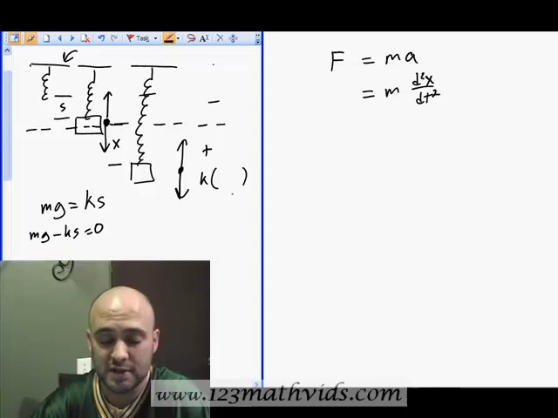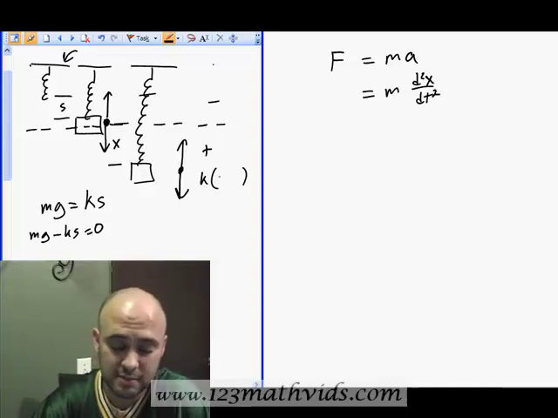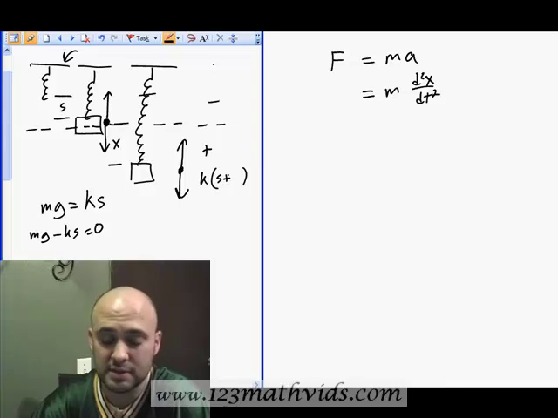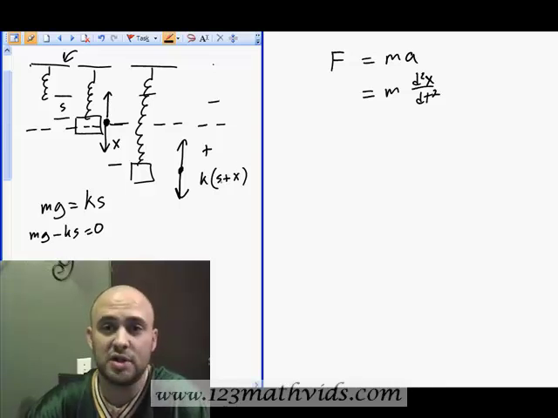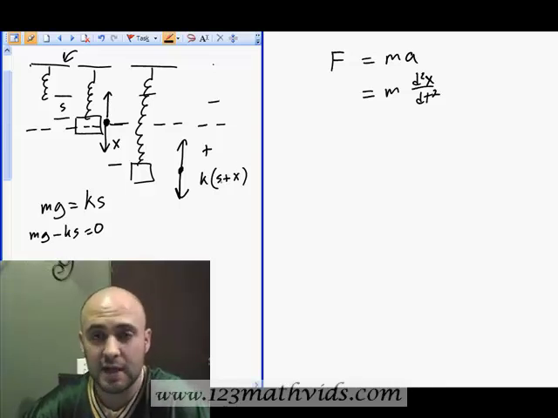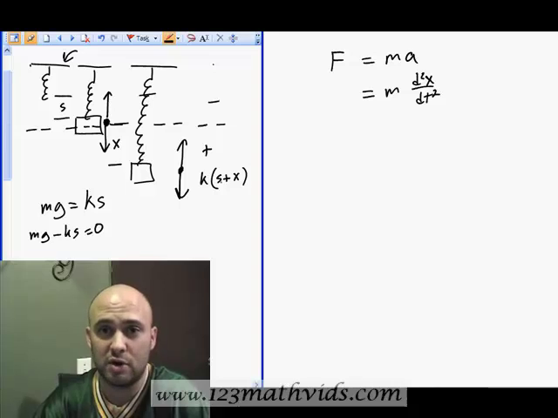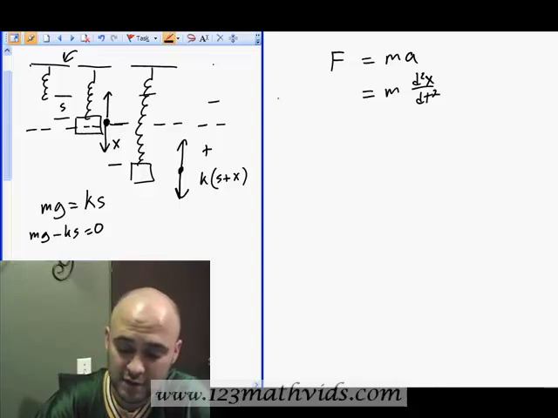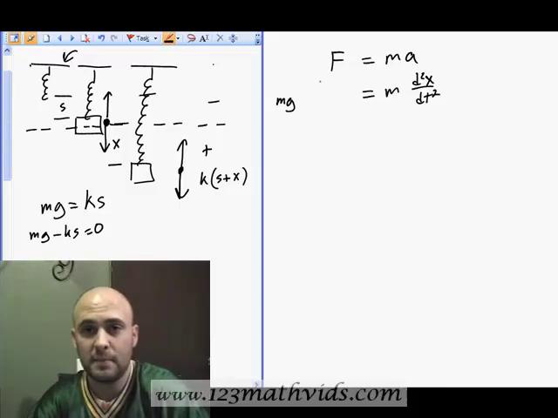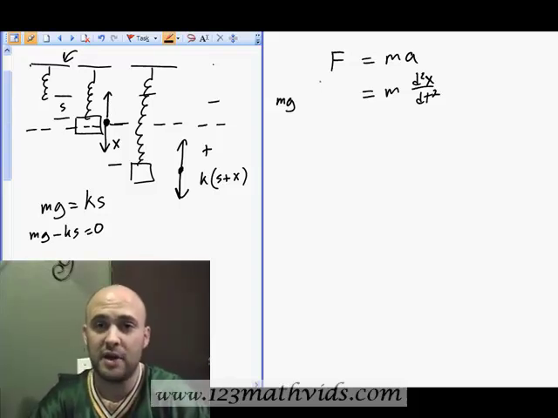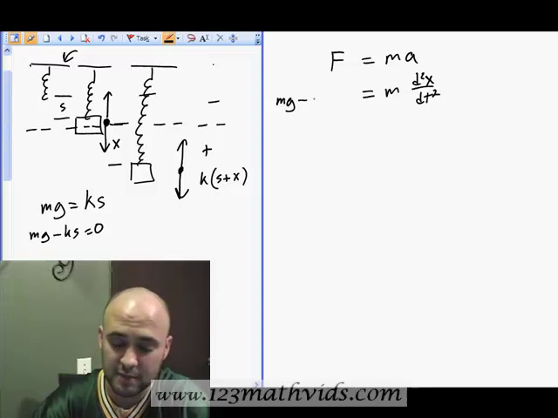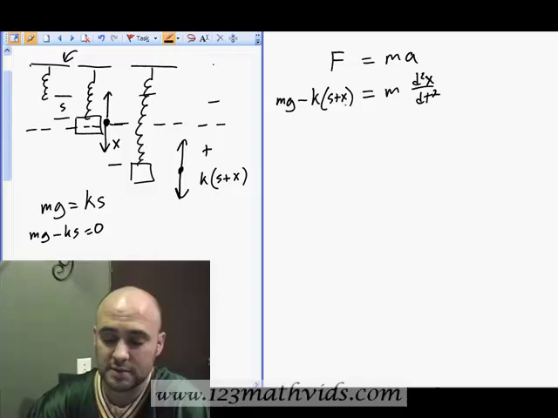In this case, we have that initial distance s plus whatever the position is at any given time, so the stretch becomes s plus x. So those are the forces that are involved. In other words, the downward force is mass times gravity, and the upward force, with a negative sign here, is k times (s plus x).